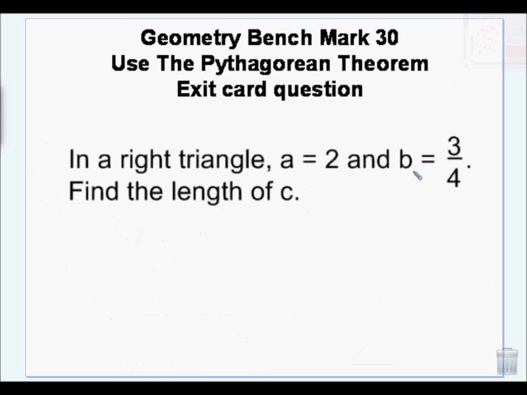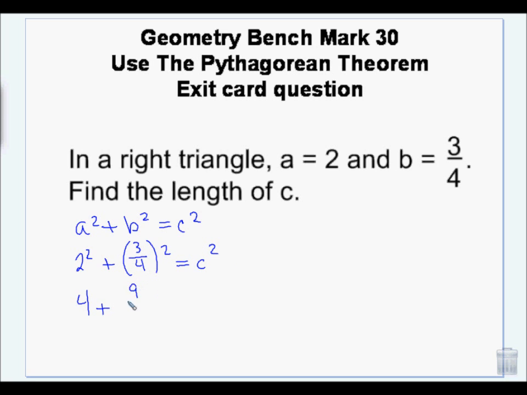If we have a fraction in there, we can still use it. Okay. So we have a squared plus b squared is c squared, right? So this is 2 squared plus 3/4 squared is equal to c squared. When you square a fraction, you square the top, you square the bottom. Now to add these together, I need to turn this 4 into 16ths.